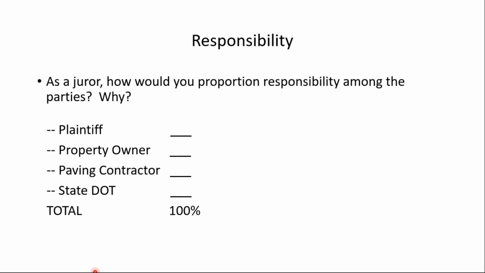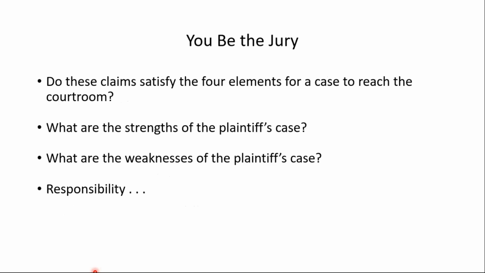And then how would you proportion responsibility in terms of the plaintiff, the property owner defendant, the paving contractor defendant, and the state DOT defendant? And again, this is a comparative negligence state. So if you find that the plaintiff would be more than 50% negligent, she would not get anything in this case. So any thoughts on that?